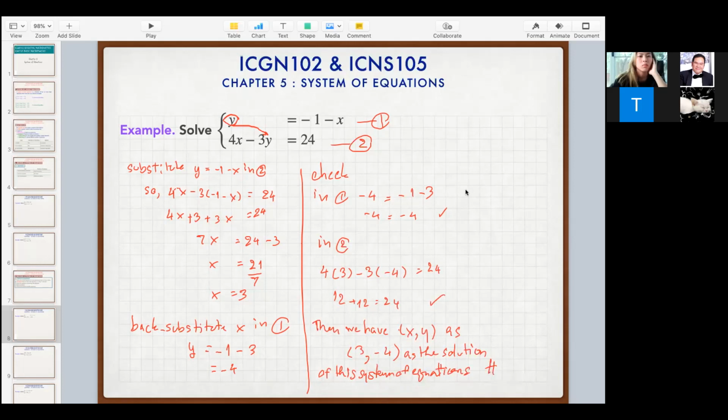Okay, so this is the way to solve this system of equations by using the method of substitution.